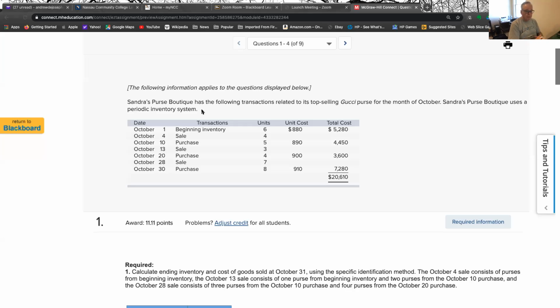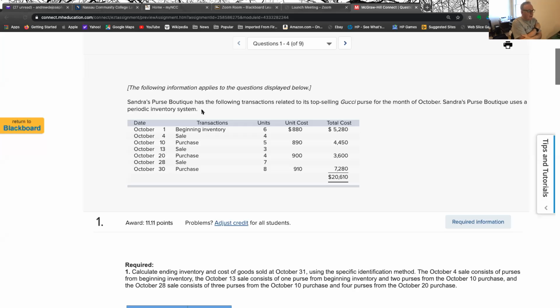If it decreases inventory, it's a credit. And anytime we sell something, we had 2 entries to make: one to record the sale, debit either accounts receivable or cash and credit sales revenue, and the second, debit cost of goods sold and credit inventory, for what the cost of the merchandise was. So under the perpetual method, anytime something affected inventory or cost of goods sold, we debited or credited those accounts.